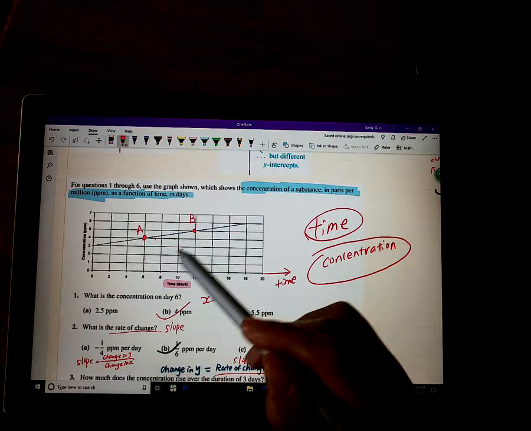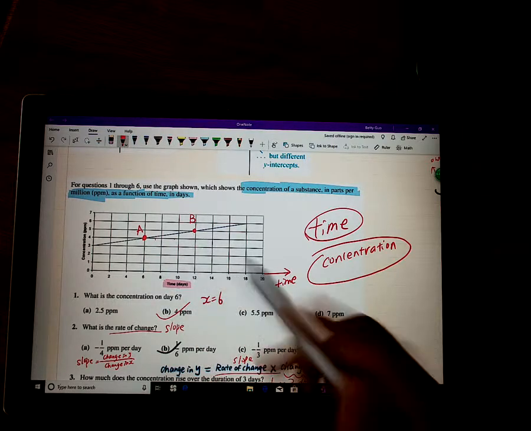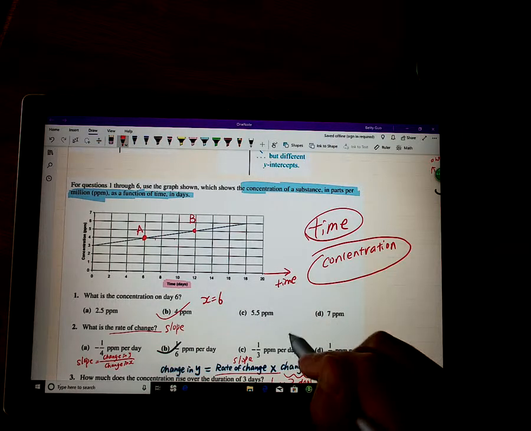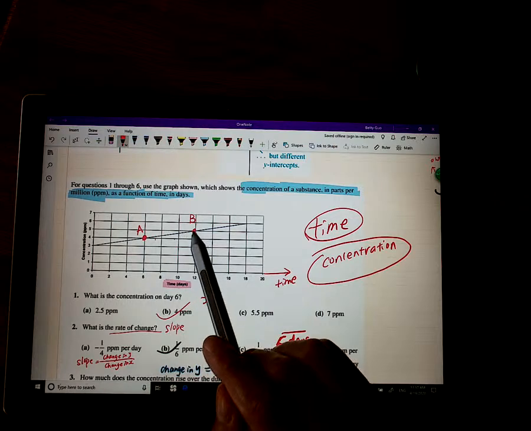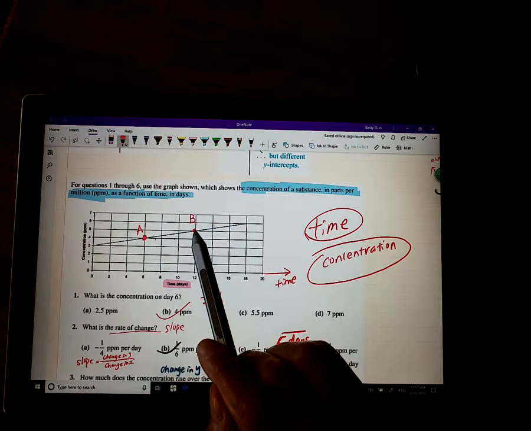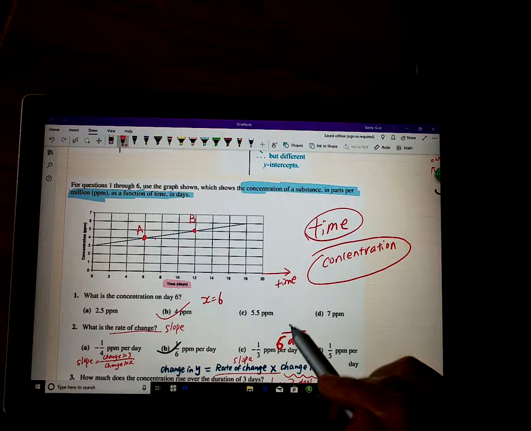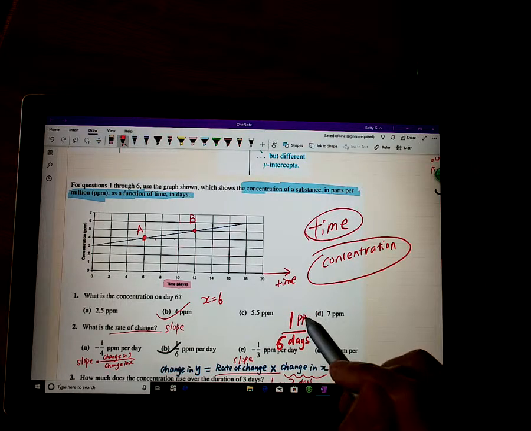That is 6 days. From day 6 to day 12, that is 6 days. Over the 6 days, the concentration goes up by how many units? 1 unit. 1 ppm.